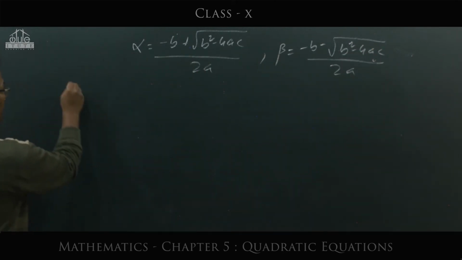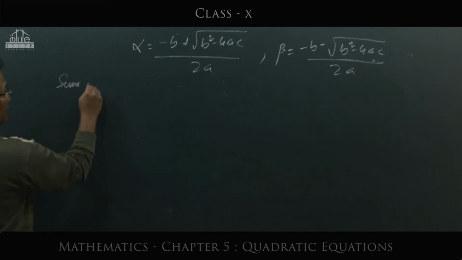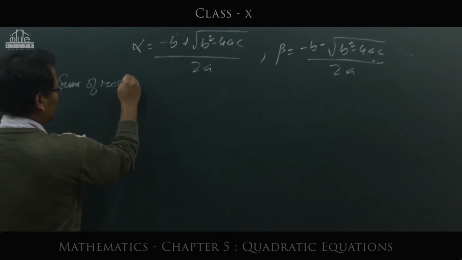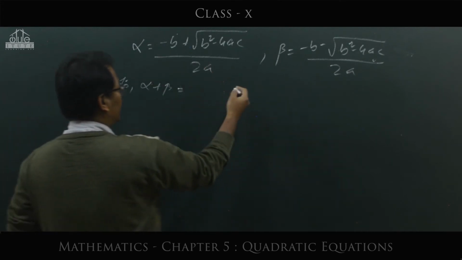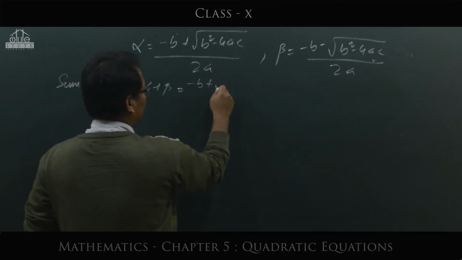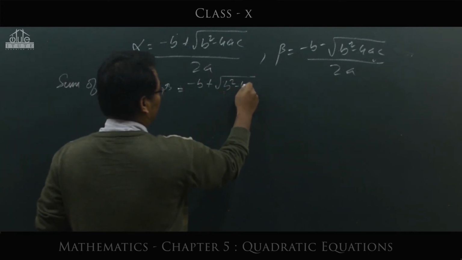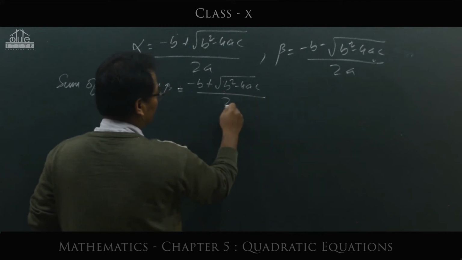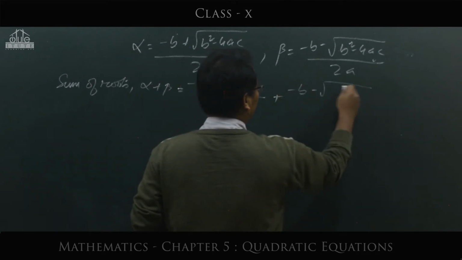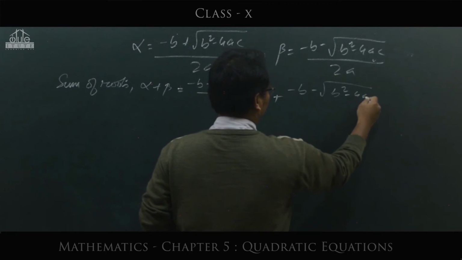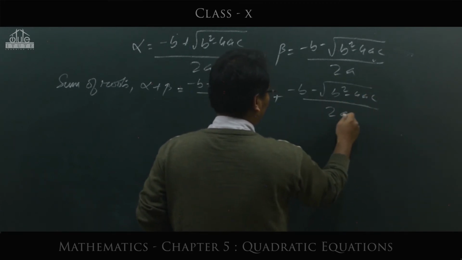Now sum of roots, if I add these two roots, is represented by alpha plus beta, that I'll be adding these two. So minus b plus root over b square minus 4ac divided by twice of a, plus this one, minus b minus root over b square minus 4ac divided by twice of a.